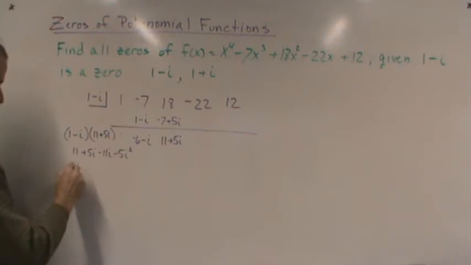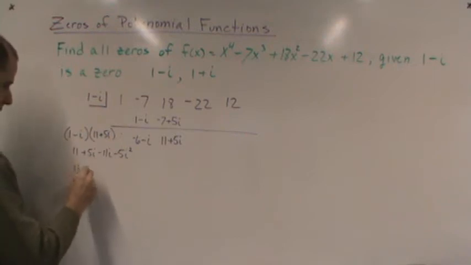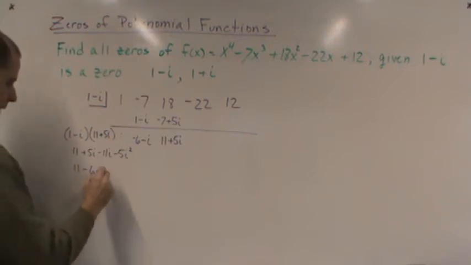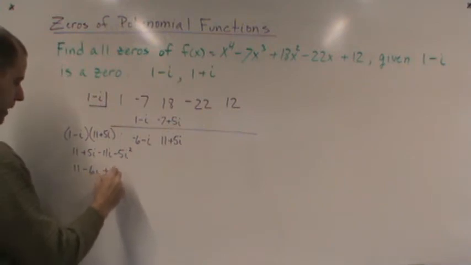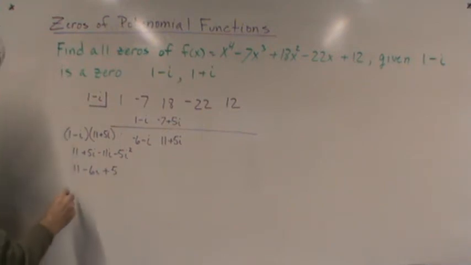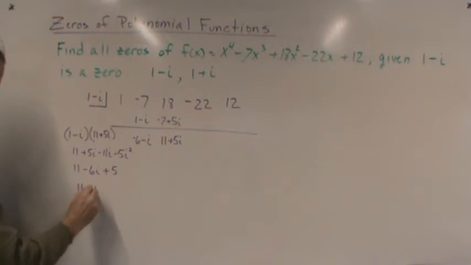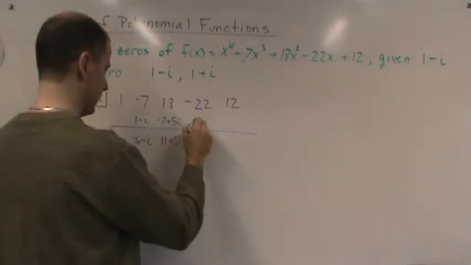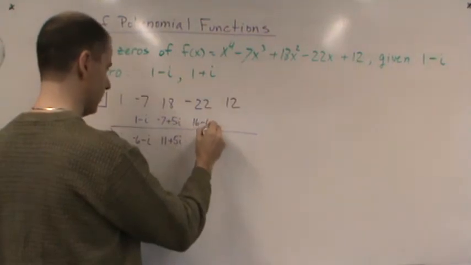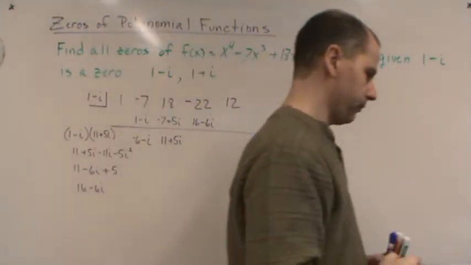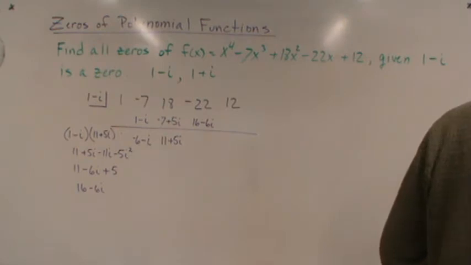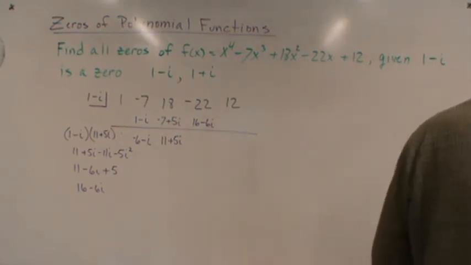And so what I'm going to get is 11, and this is going to give me a minus 6i, and this is going to give me a plus 5. And so this is going to give me 16 minus 6i. And so I'm going to put 16 minus 6i here. Again, make sure you see where that comes from.